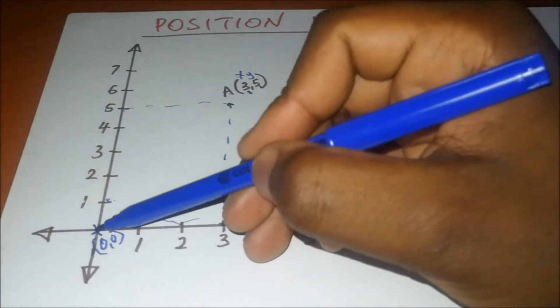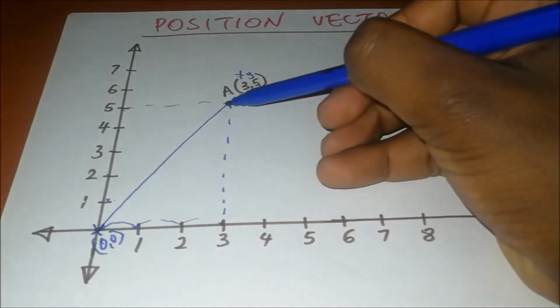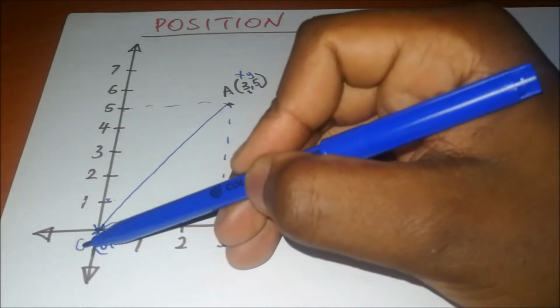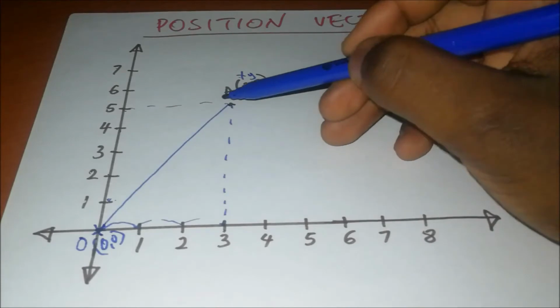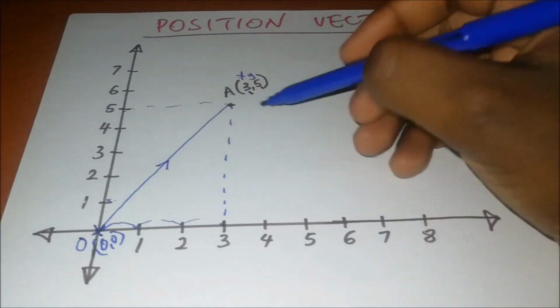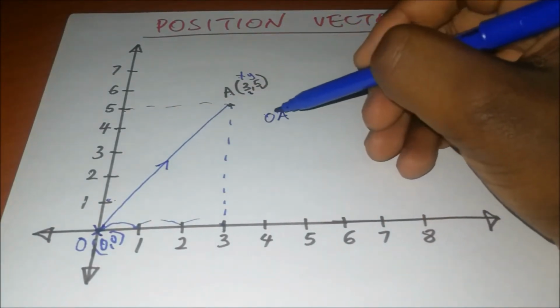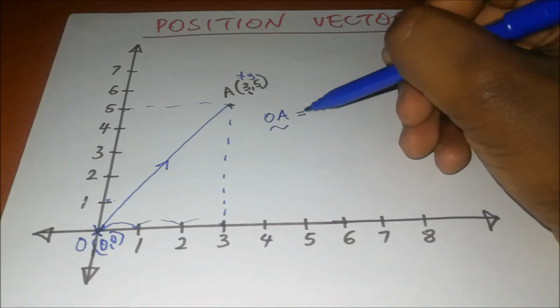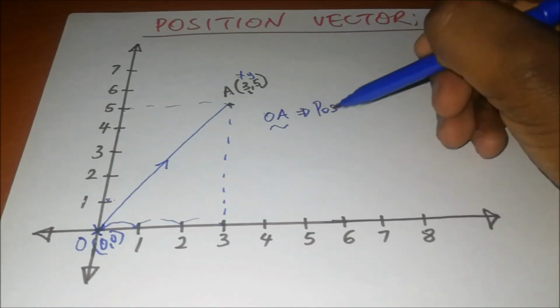So it means that a line segment from the origin, which I'm calling O, to the point A would give me a vector that I call OA. And this vector OA is what we are calling the position vector.